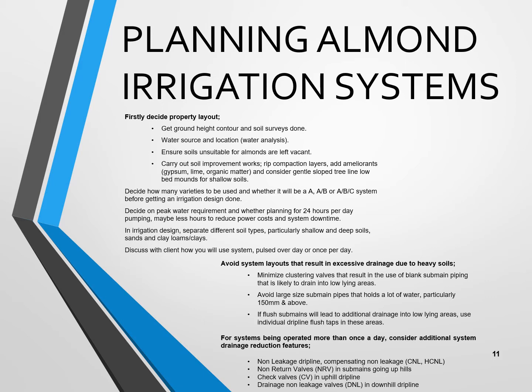For systems being operated more than once per day or pulsing, consider additional system drainage reduction features: non-leakage drip line, non-return valves in submains, check valves in the drip line, or drainage non-leakage D&L valves, also in the drip line.